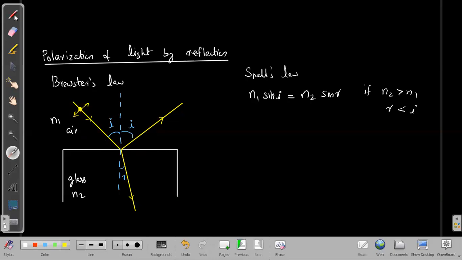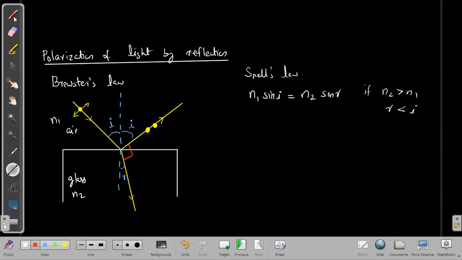Usually in reflection it will be dominated by S polarization, and P polarization would be very minimal. And at a certain angle of incidence, the angle between the reflected ray and the refracted ray will become 90 degrees.